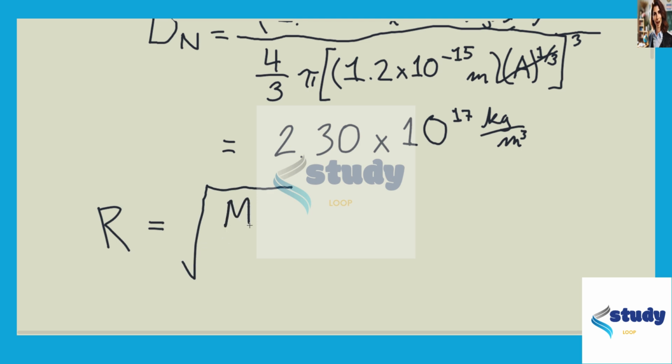Which is going to be this mass of the Earth that we have above, but instead of using the density of the Earth, we're going to use the density of the atomic nuclei that we just calculated there.